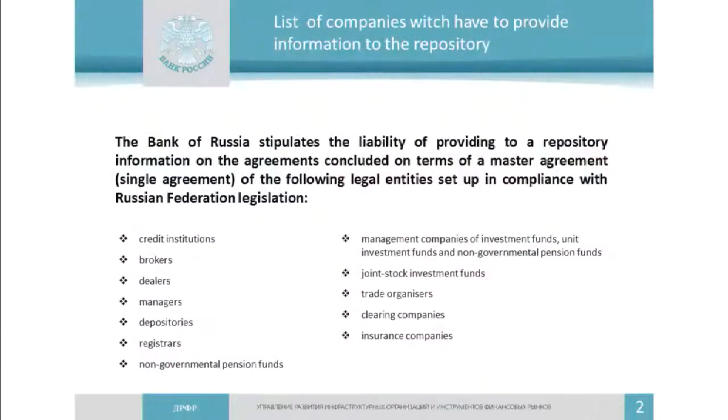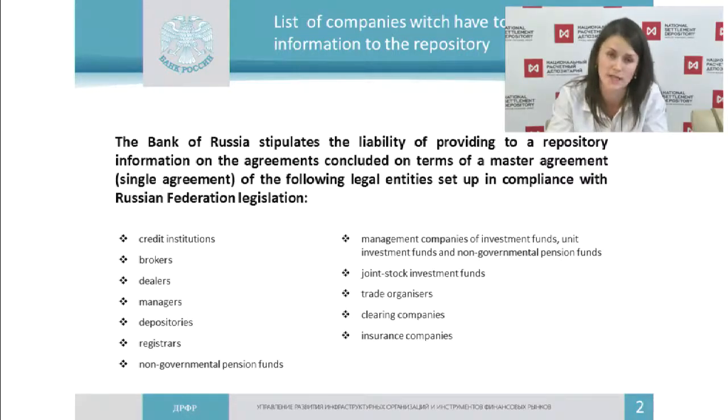Hello colleagues, I'd like to tell you about the ordinance of the Bank of Russia about repository regulation. And I want to present you some information about the future legislative development in this area. During 2014, the Bank of Russia has been working on improving the repository regulation.